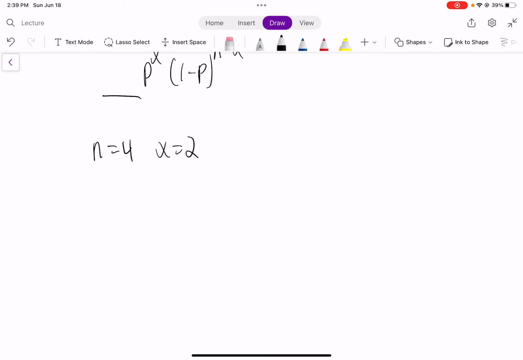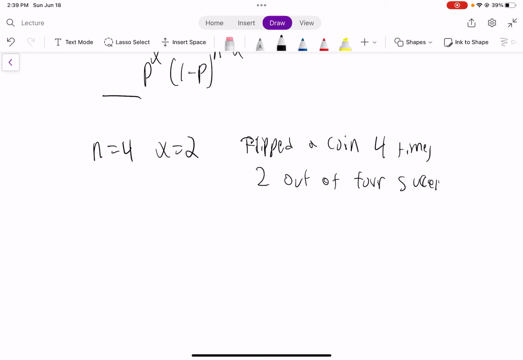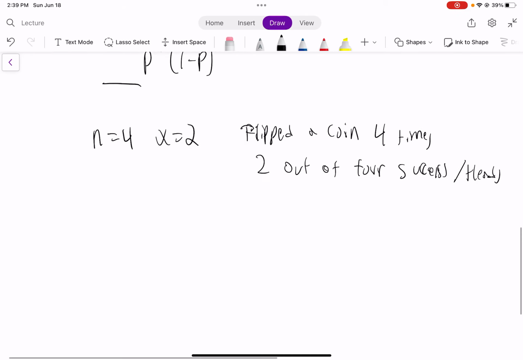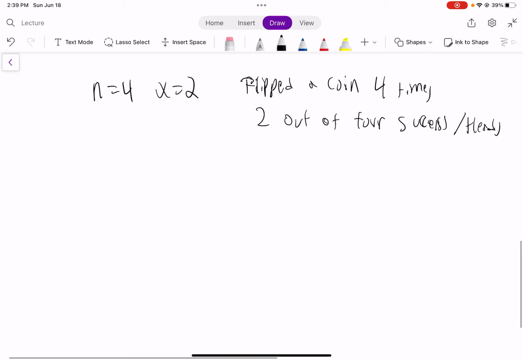First of all, this means we flipped a coin 4 times, 2 out of 4 successes/heads, if we define heads to be success.